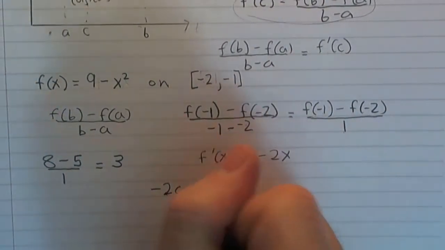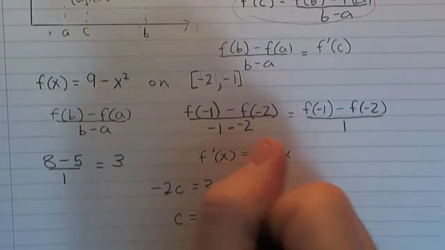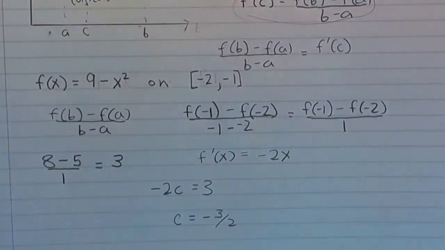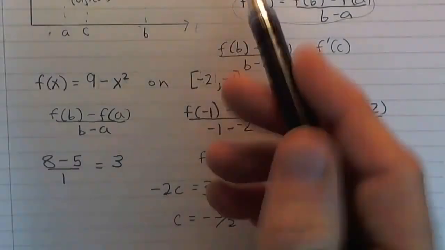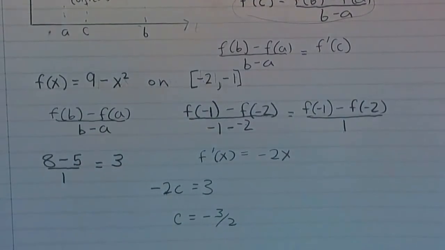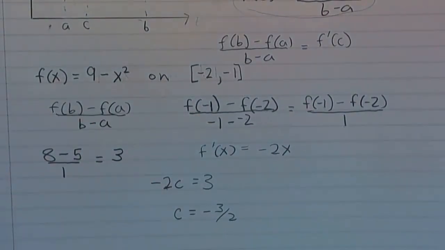And what I get then is that c is equal to -3/2, and that's my c right there. Now, that's all we were asked to do. We were asked to verify that the conditions of the mean value theorem were met, and then if they were met, we were asked to find a C.